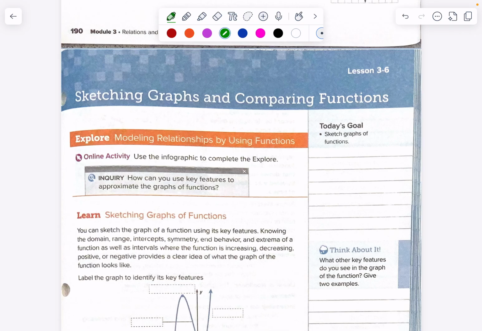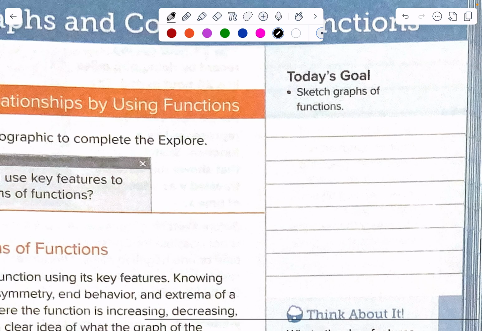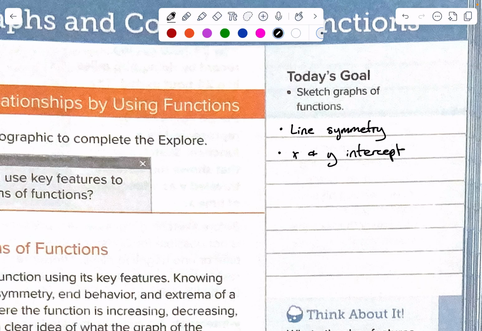We've talked about quite a few things, like just in the last section, line symmetry. In the section before that, we talked about X and Y intercepts. We talked about increasing and decreasing functions, or increasing and decreasing sections of a graph, I guess I should say.